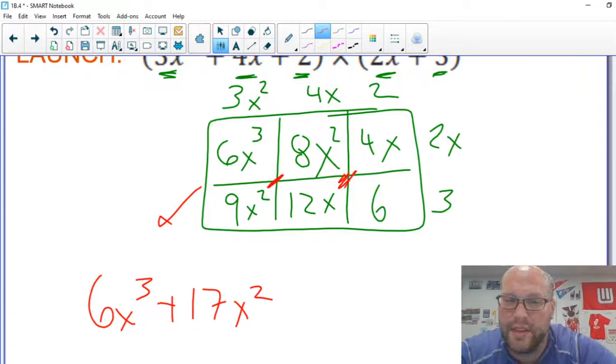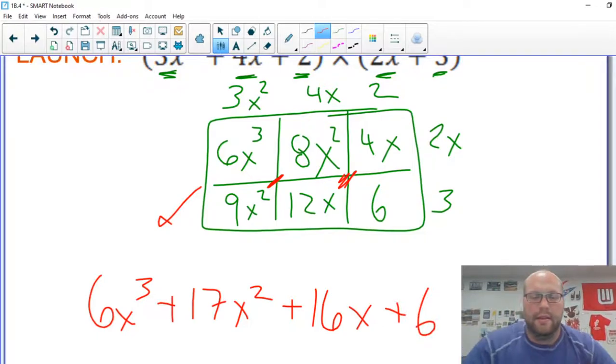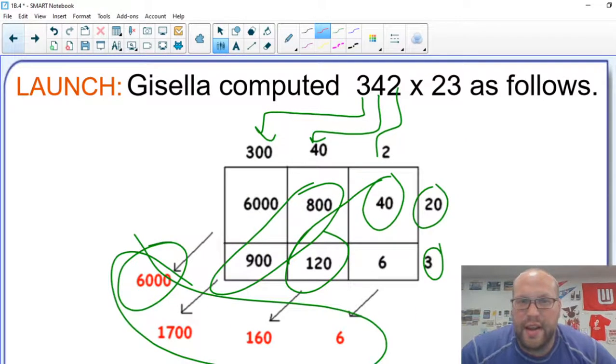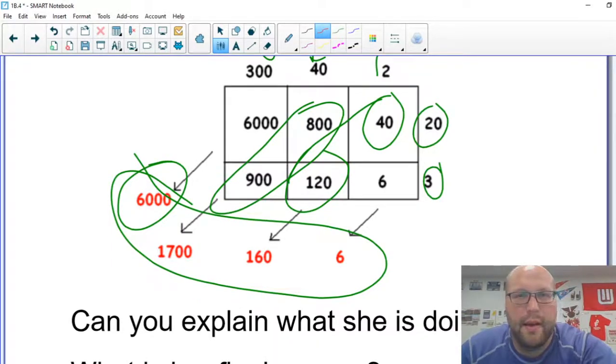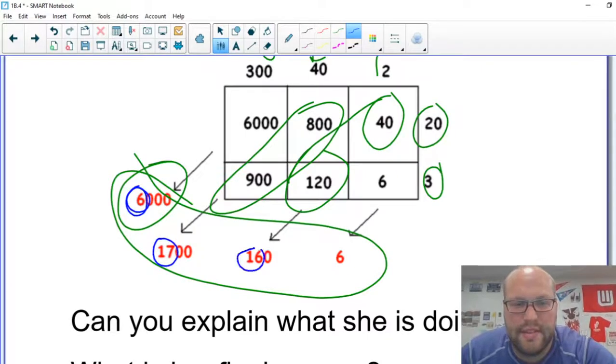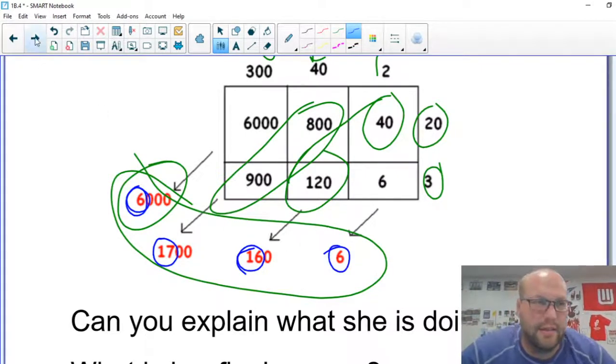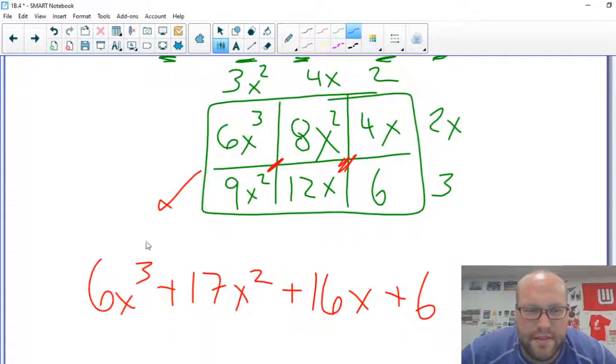And these two are like units, which means I have 16x. And then my constant by itself is 6. To the untrained eye, these seem like different problems, but if you start to see similarities, we start to see units. We have 6, 17, 16, and 6. We start to have like units. It's the same problem.